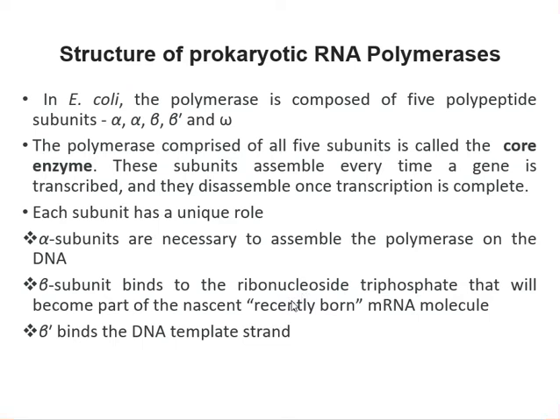So, here what happens is RNA synthesis. The enzyme can be called an RNA synthetase. It is actually polymerizing ribonucleotides to form a new RNA chain, and this is based on a DNA template. This RNA synthetase is also called the RNA polymerase.